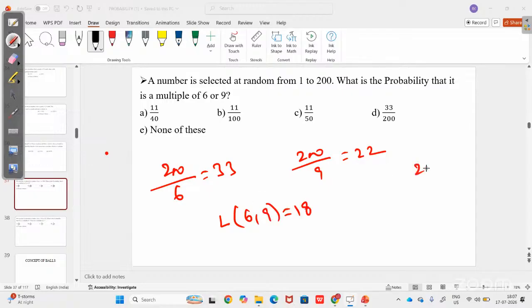So we need to divide 200 by 18. How many numbers will we have? 11. All are multiples of 11. 11 threes, 11 twos, 11 ones.